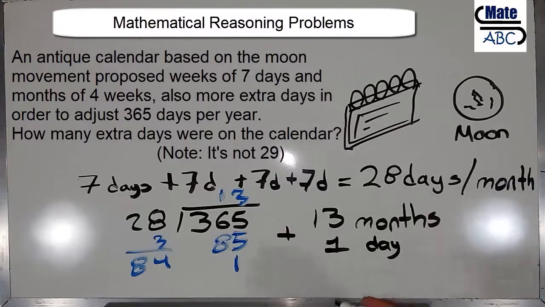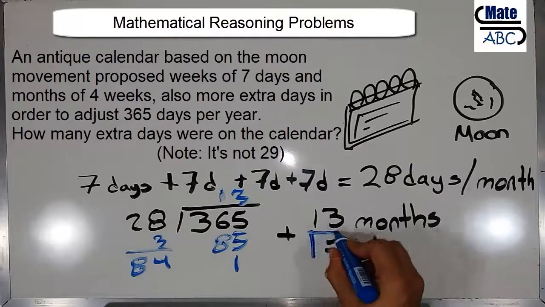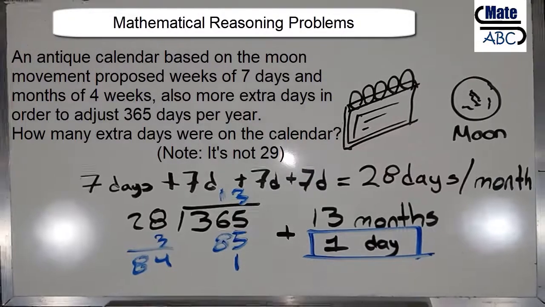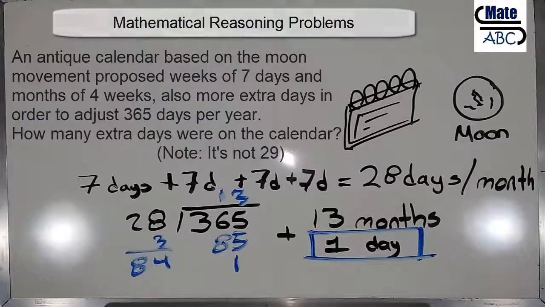So as you can see, there is 1 day that we need to add in order to adjust the calendar.